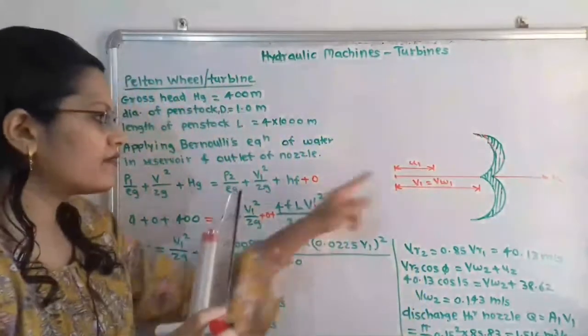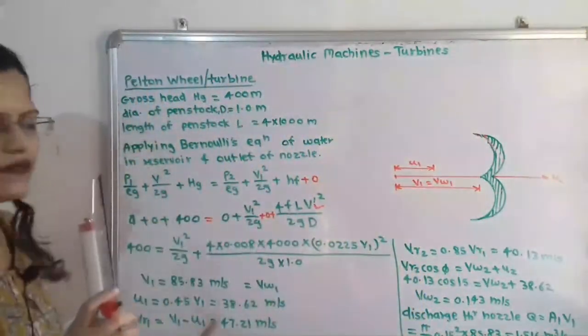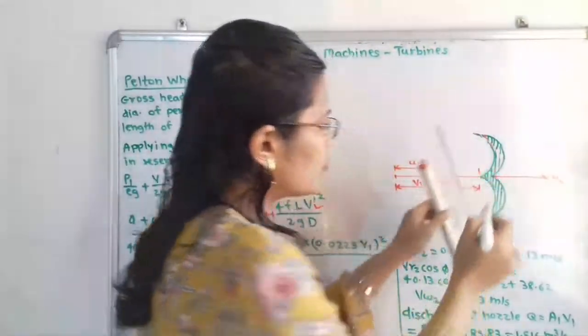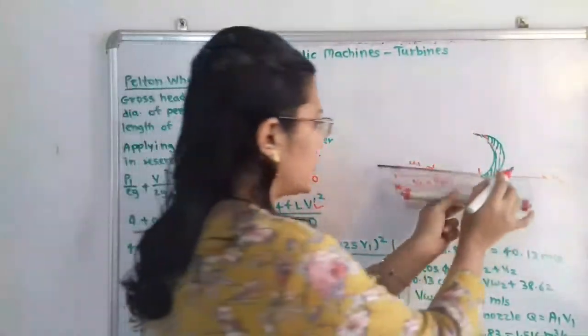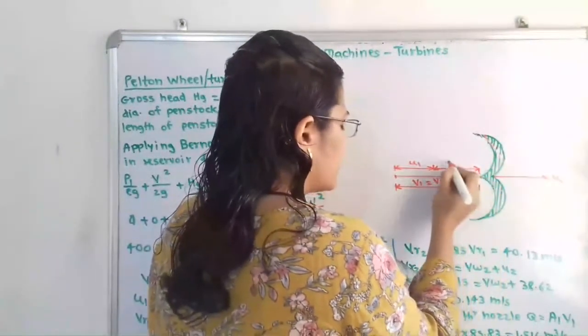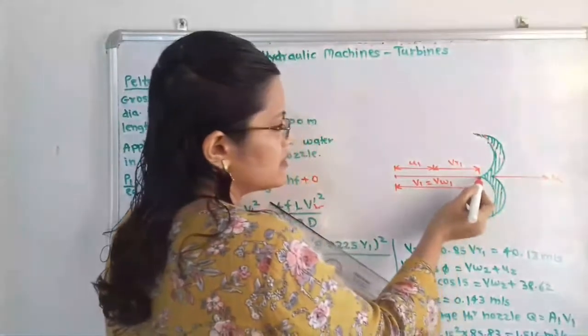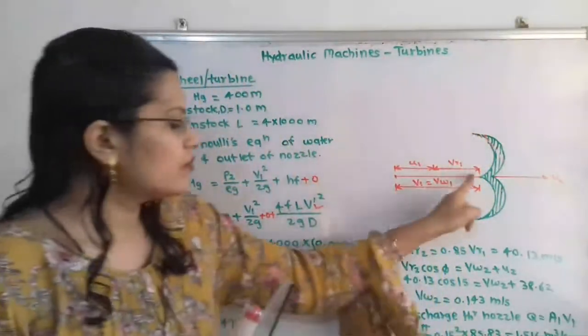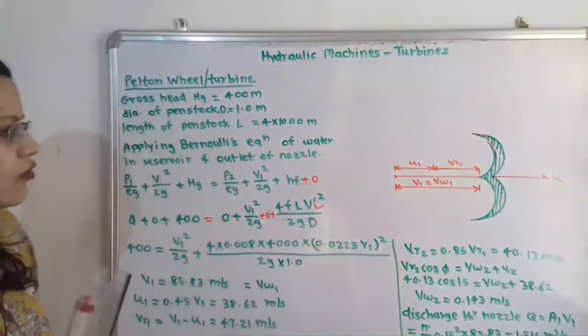From that V1 and U1 we can calculate VR1, that is V1 minus U1. The remaining velocity is known as VR1, the relative velocity at the inlet tip. Here is VR1. This is the inlet tip and this is the outlet tip. Now again we will move to the outlet tip.